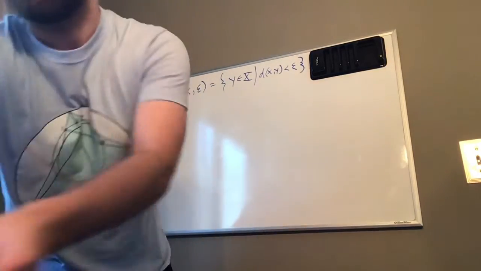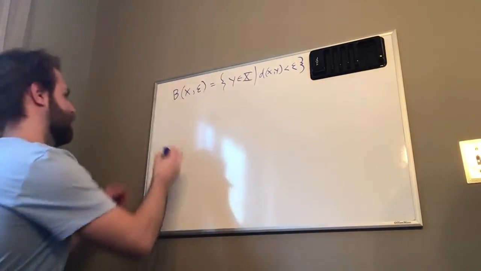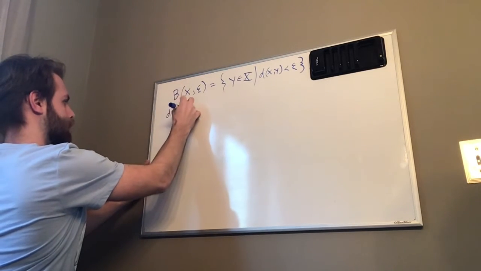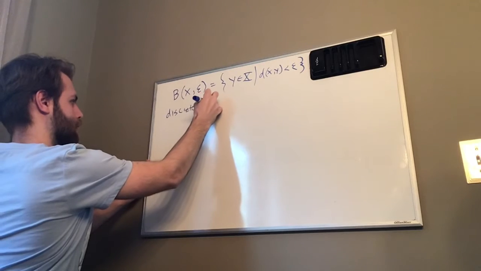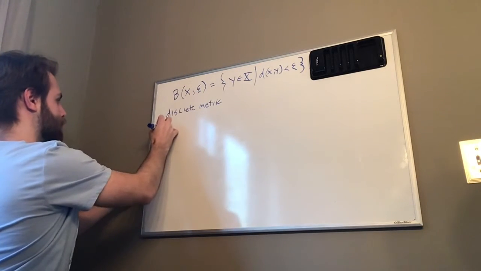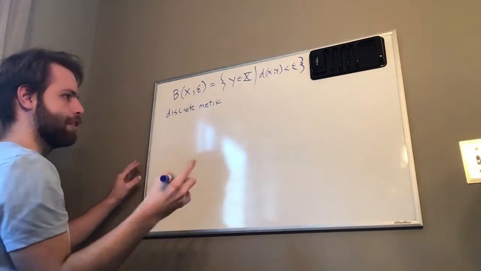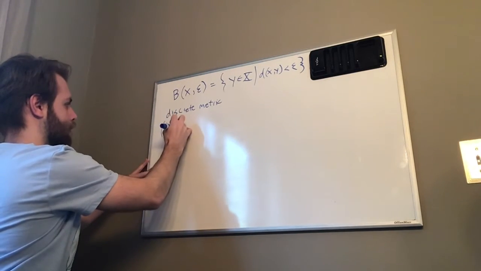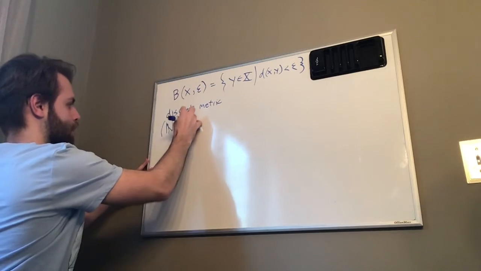So let's instead go with what's called the discrete metric. My space is going to be the natural numbers, and d for discrete metric.